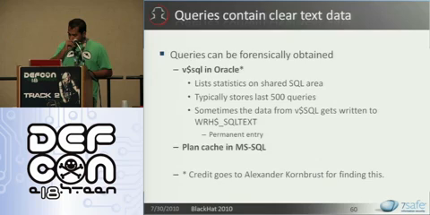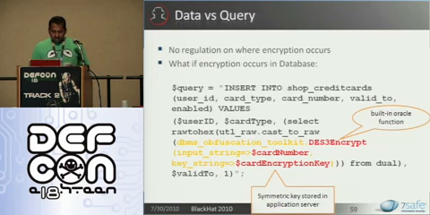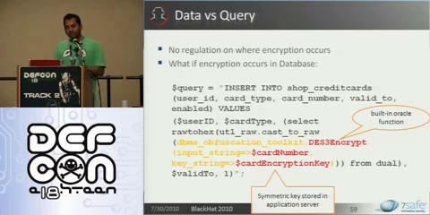Okay, so this is actually quite interesting. It makes me think: what is more important here, the data or the query? Although the data stored in the database would be encrypted using this mechanism, the query executed on the database server will actually have the clear text PAN and the clear text key string in it.